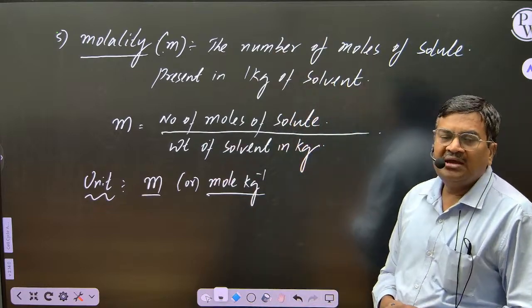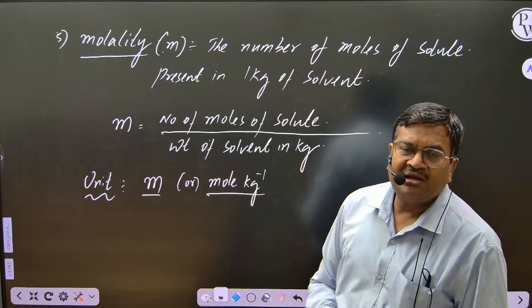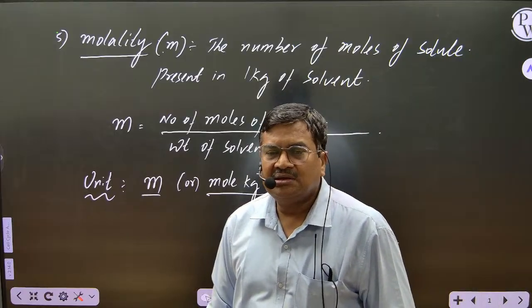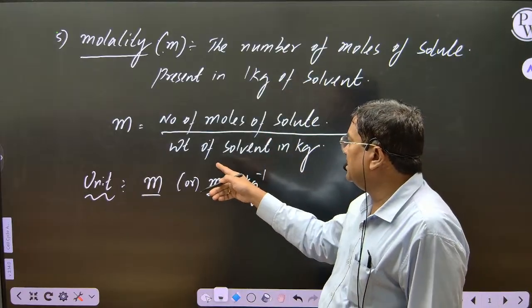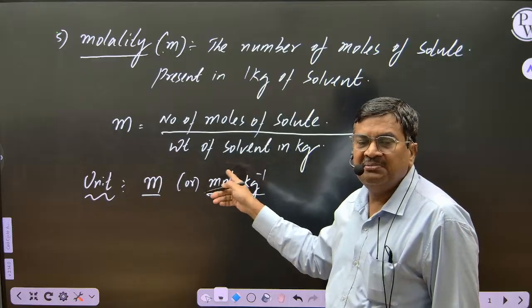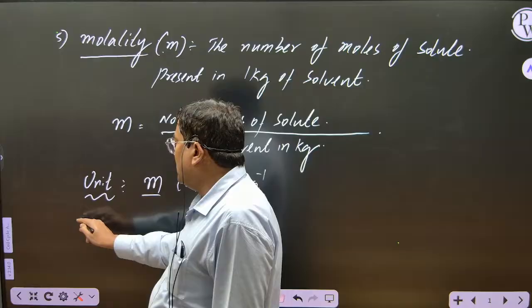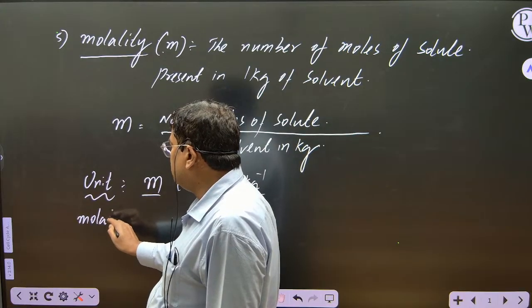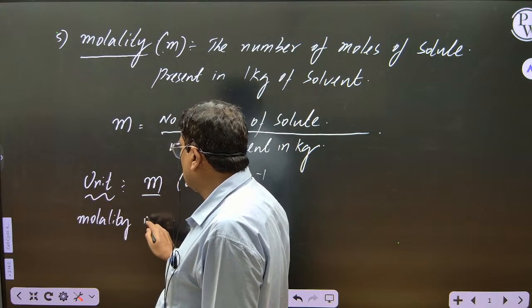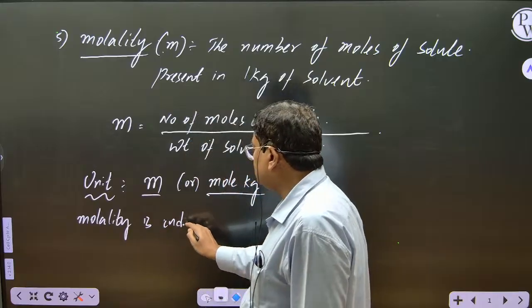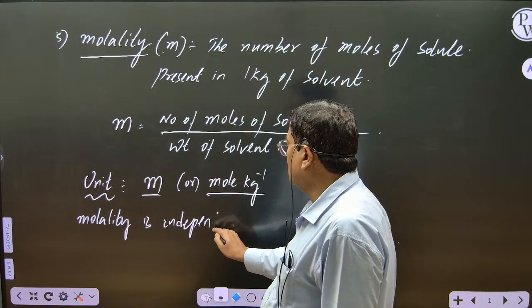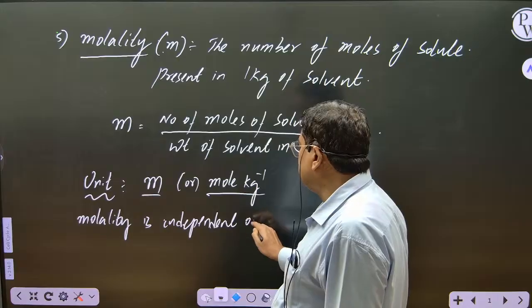Now will molality be temperature dependent or temperature independent? See, there is no volume term in molality, so it is independent of temperature. So make a note, molality is independent of temperature. Why is it independent, students?